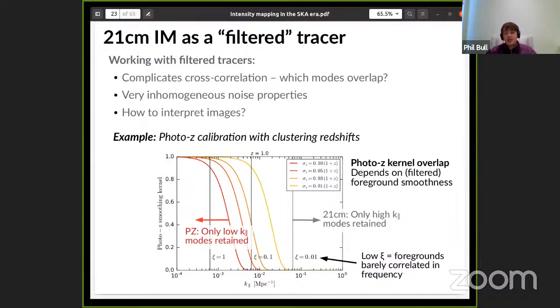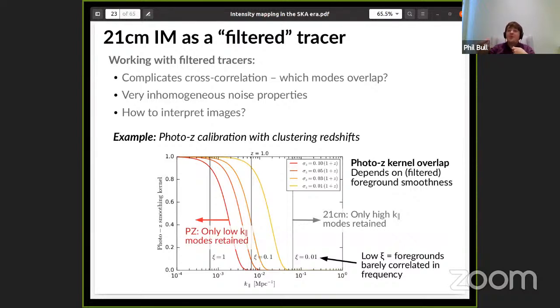For the more experts in the audience, here's an example of where this can cause problems. If you have a 21 centimeter intensity mapping experiment, you will filter out the low k-parallel modes. And the reason for that is those are the modes where most of the foreground contamination lives. You have to filter them out. But if you then cross-correlate your 21 centimeter signal with a photometric redshift survey, so a survey of galaxies with photometric redshifts, those are galaxies where you don't have very good radial information.